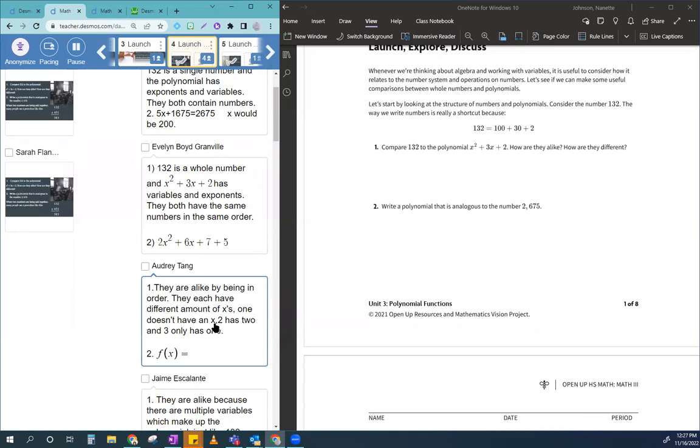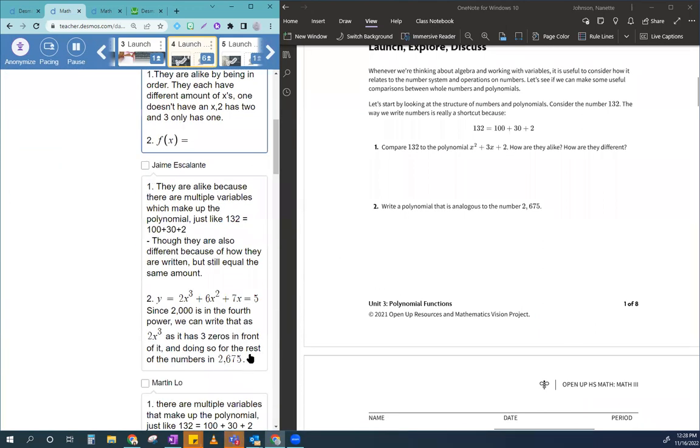They each have different amounts of x's, and one doesn't have an x. So what they're saying here is, if you look at 100 plus 30 plus 2, you see it's a composition. It's a sum of something. This is a sum of something. And this person talked about the order. That's actually a really good sentence.